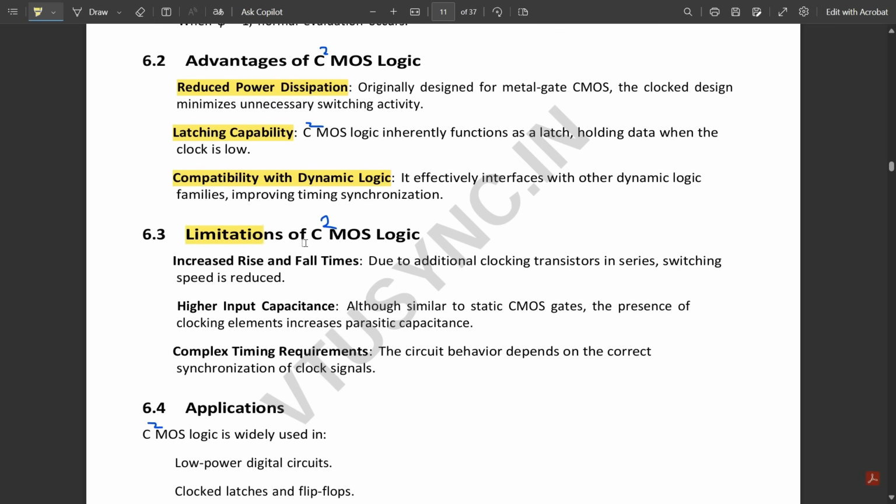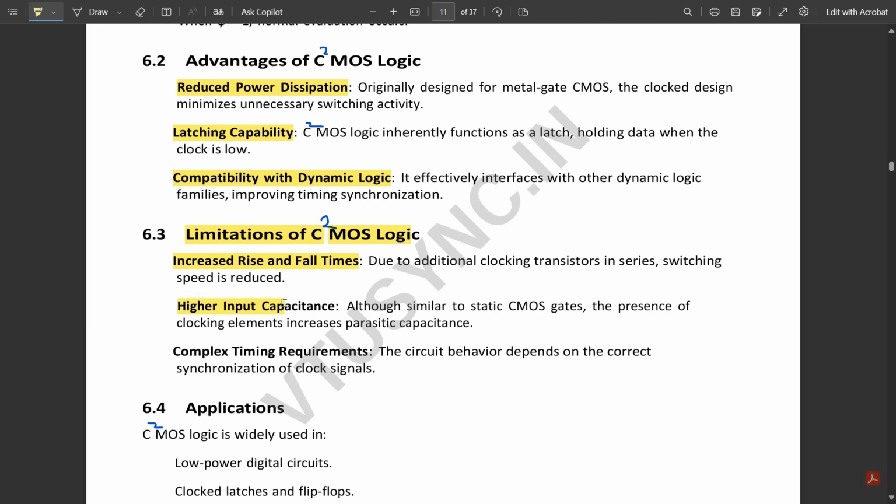Next, we have some limitations of C square MOS, that is increased rise and fall time. The rise and fall times of the C square MOS logic are very high, which is ineffective with regard to circuit complexity. The increased rise and fall time is due to additional clocking transistors which are added between the outputs. The switching speed is reduced.